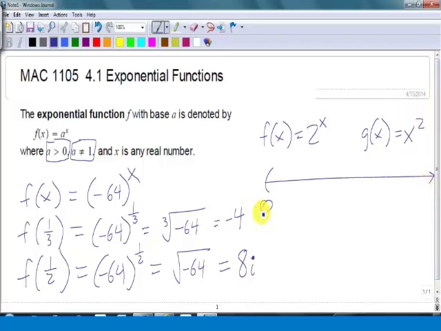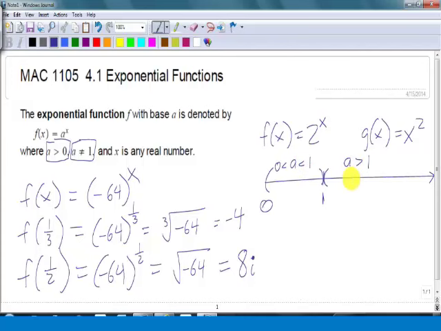Well, there's 0 right there. We're not including 0, but get a little bit greater than 0, and it's okay. There's 1 right there. Don't include 1. And that basically divides the real number line into two intervals: the interval where the numbers are between 0 and 1, and the interval where the numbers are greater than 1.